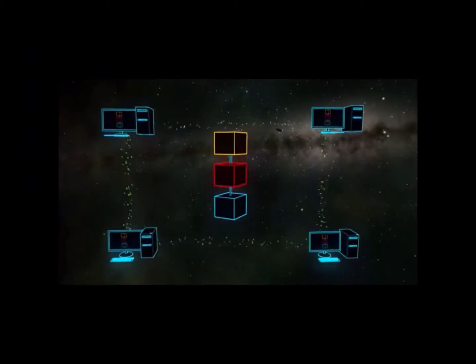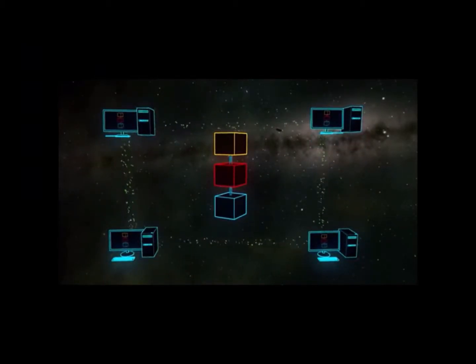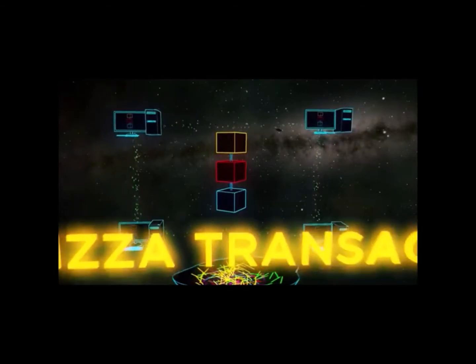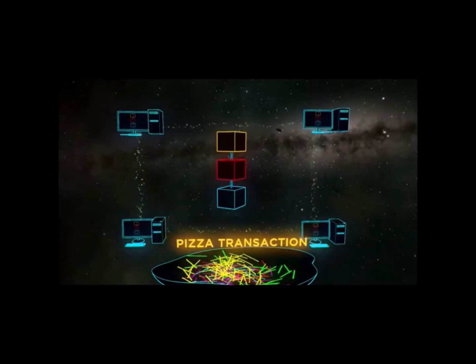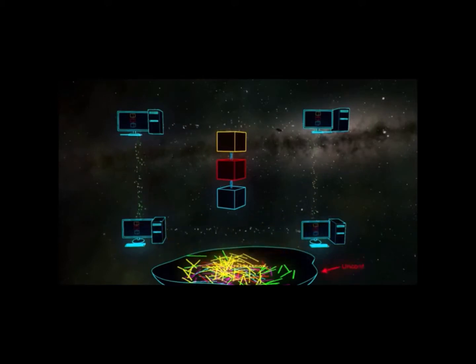I'm going to show it as one giant blockchain in the middle of a small network of computers. Let's follow a pizza transaction with Bitcoin. When the transaction occurs, it first appears on the network in a pool of unconfirmed transactions, along with thousands of others from all around the world. Millions of different computers from the network then gather some of these transactions and place them in their own blocks.